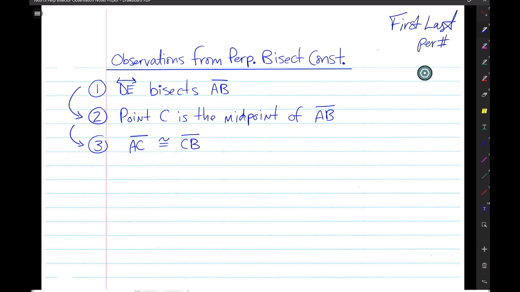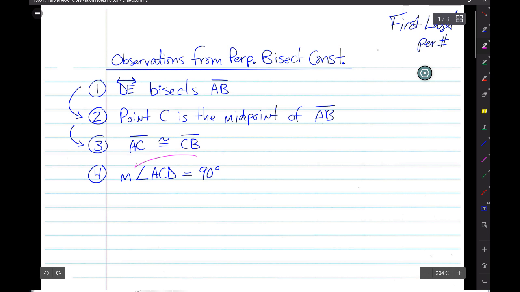Let's go make another observation on our notes. Now this observation is not connected to number 3. This is a separate observation. This is going to be number 4. I'm going to give you some new geometry notation language, so watch carefully. It's a lowercase m, and then the angle symbol, and then ACD. And then we'll do an equal sign this time, and we're going to say 90 degrees. I'm going to do a little arrow over here. This is red.